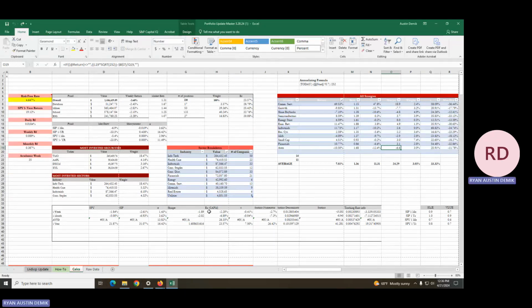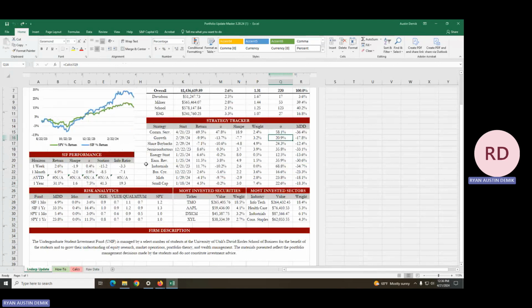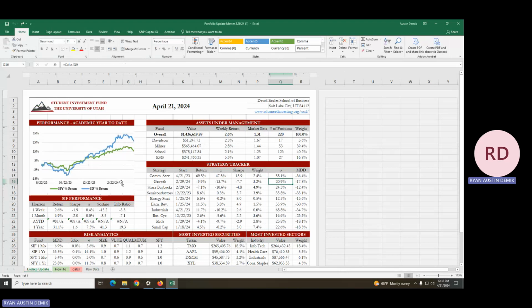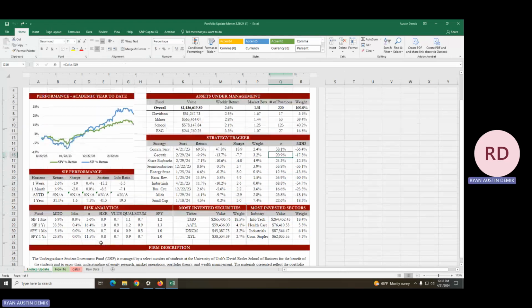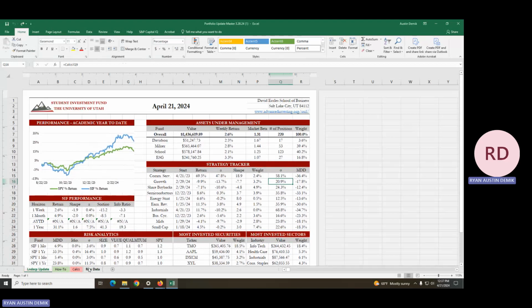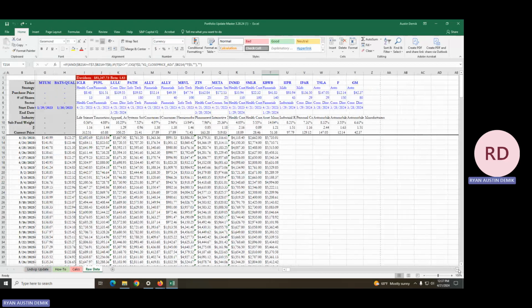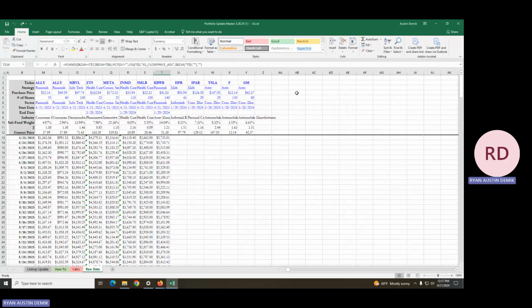So all in all, that is the strategy portfolio update. Like I've said, we use this a lot for our weekly updates with the portfolio, just being able to understand how the fund is operating. Another good way to use the portfolio update is to understand exactly how the fund is changing after we make a trade.